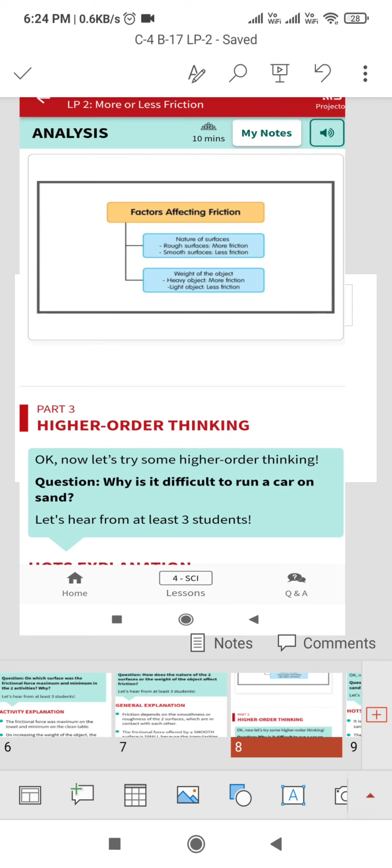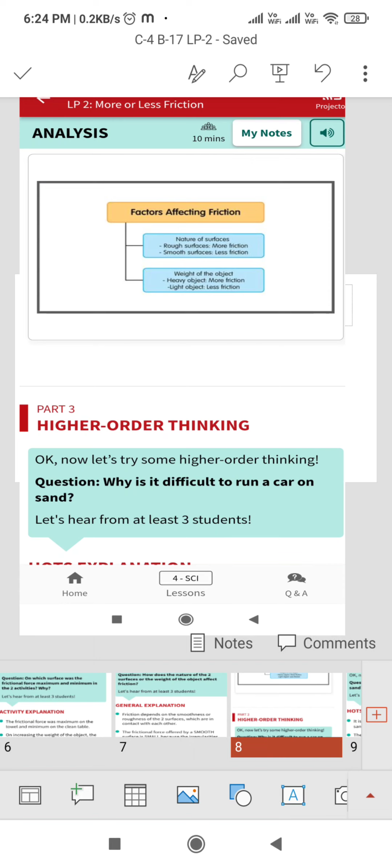So what we have discussed, factors affecting friction are the nature of surfaces and the weight of the object. A rough surface has more friction, smooth surfaces have less friction. Heavy objects have more friction, lighter objects have less friction.